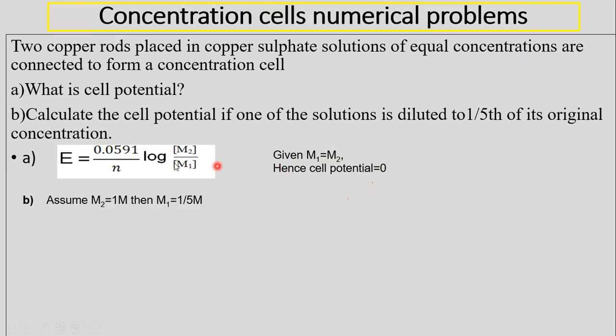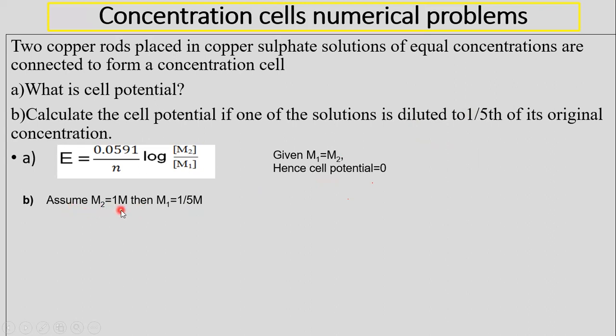Second question is, calculate the cell potential if one of the solutions is diluted to 1/5 of its original concentration. When it is diluted, it will act as anode. So let us assume that the higher concentration is 1 molar. Therefore, the diluted one will be 1/5 of that. So how to do this problem?